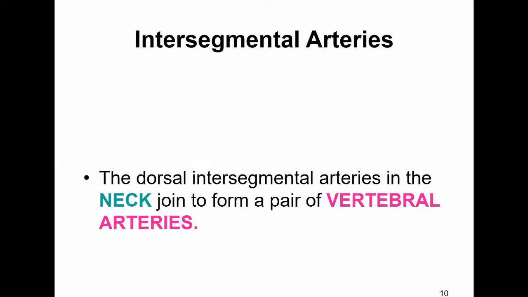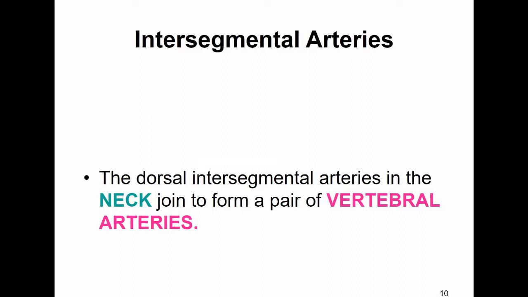You have read about the vertebral arteries and you have seen there are two vertebral arteries which reside within the foramina transversarium on the transverse process of the cervical vertebra.